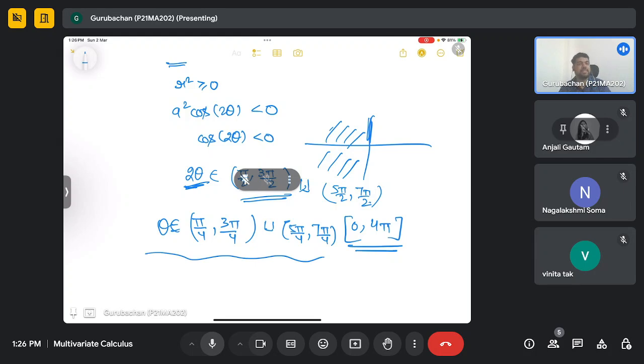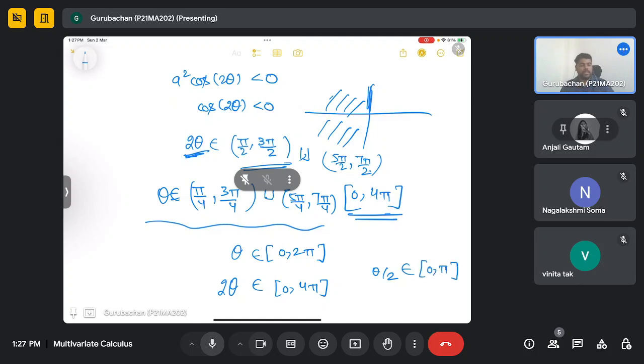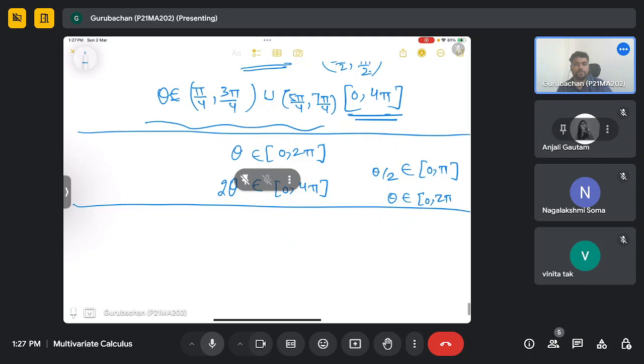I am again emphasizing why I am taking 0 to 2 pi: if we talk about theta only, then we think about 0 to 2 pi. Since here 2 theta is there, we talk about 0 to 4 pi. Suppose we have theta by 2 type terms, then we talk about 0 to pi type interval, because it will again give us 0 to 2 pi. This is just for simplification and no confusion.